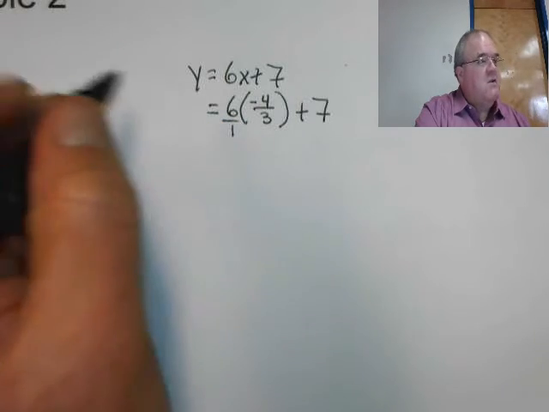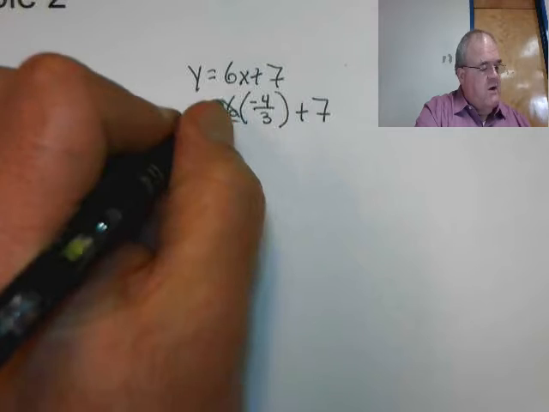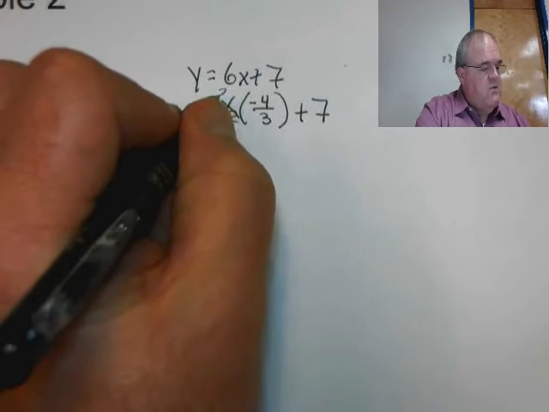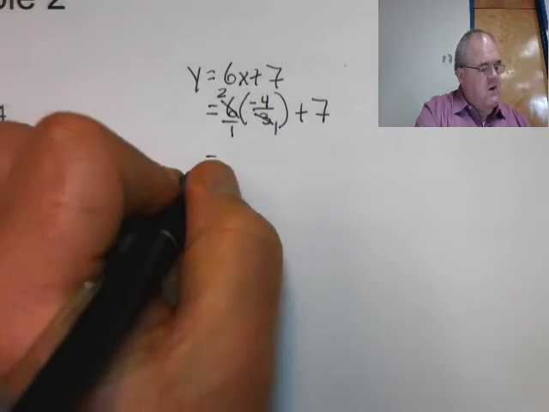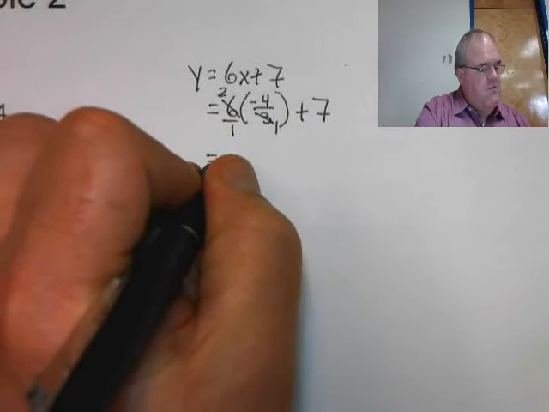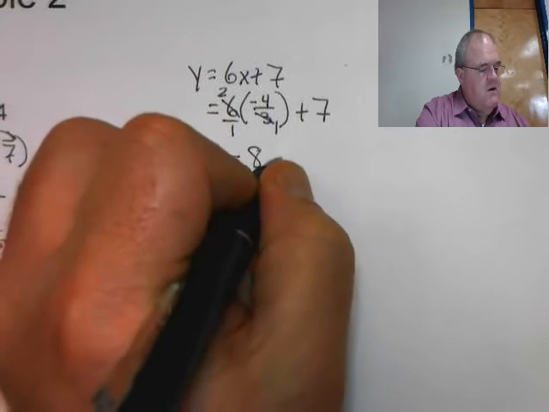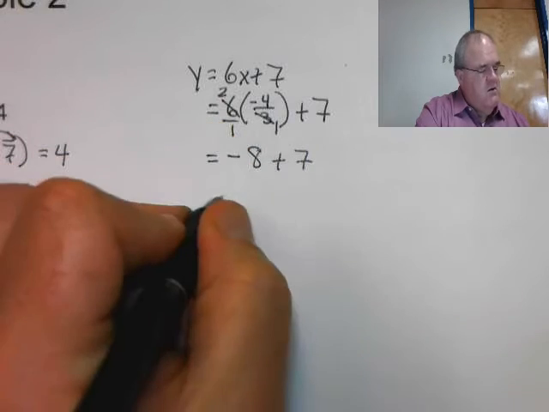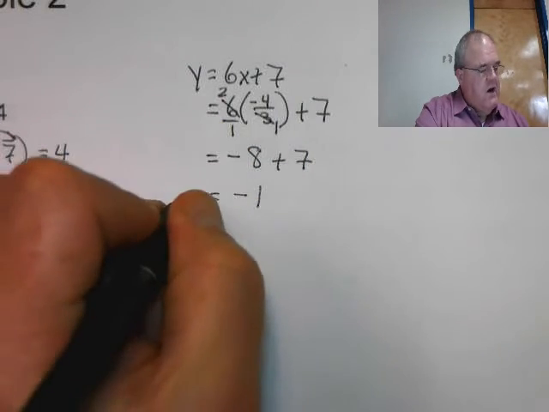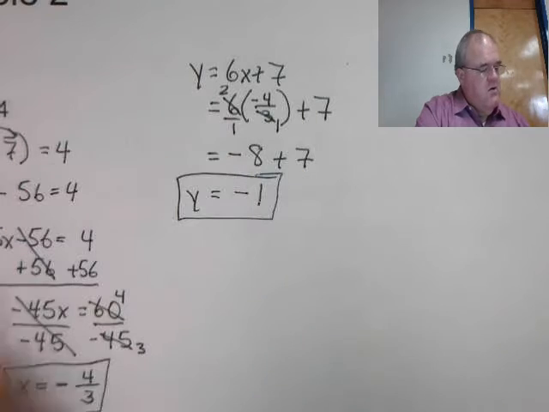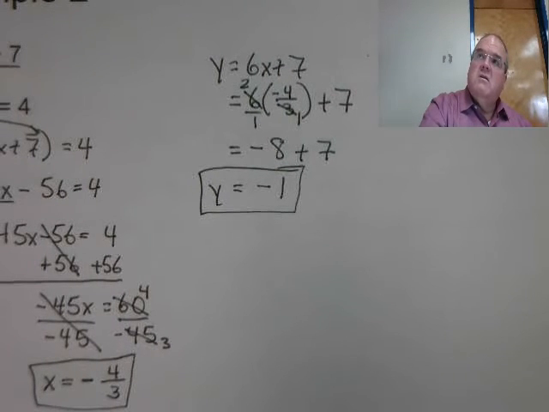And I can write 6 as a fraction, 6 over 1. So I can say 3 goes into 6 twice and into 3 once. So then I have 2 times negative 4, which is negative 8 over 1, which is negative 8, plus 7. Negative 8 plus 7 is negative 1. So y equals negative 1.